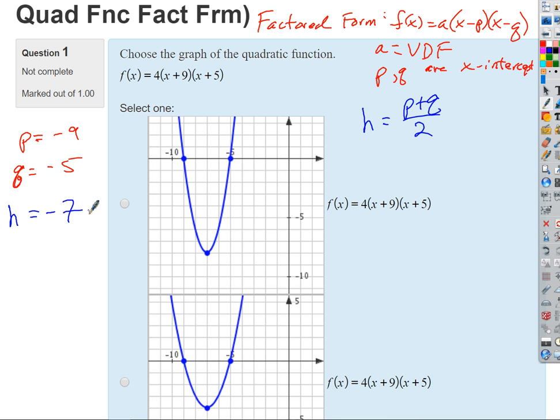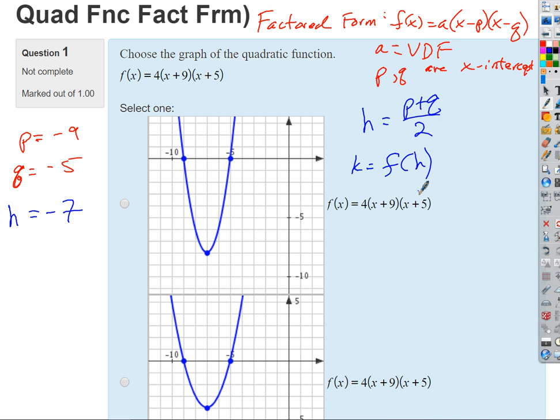How do we find the y value that goes with any x value for a function? Put it back into the function, right? If we want to find a y value, we plug in an x value. So h goes in where the x's are, exactly. So k would just equal f of h.